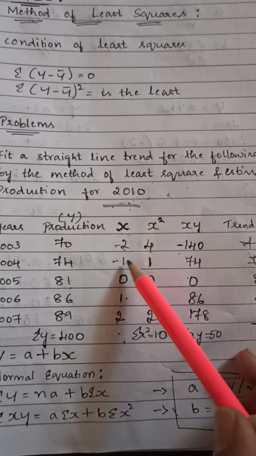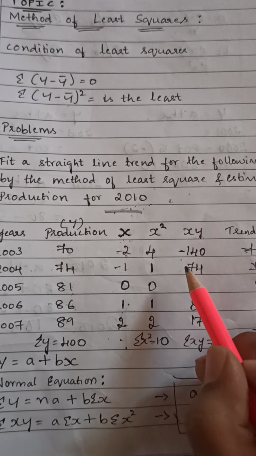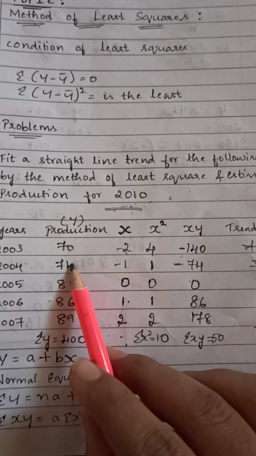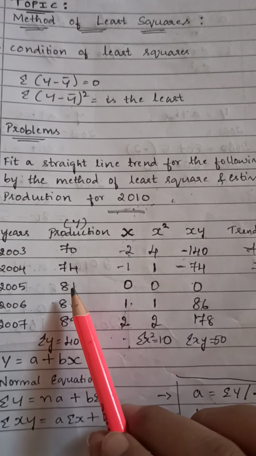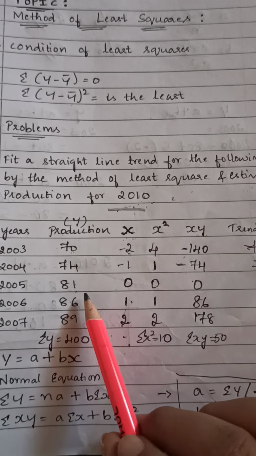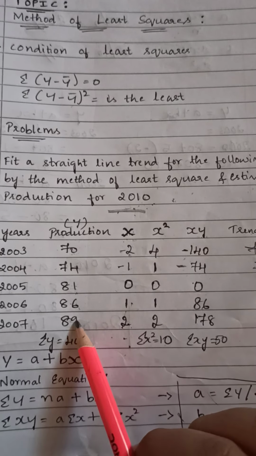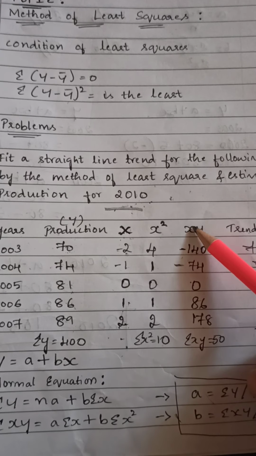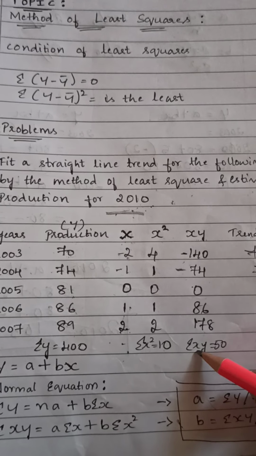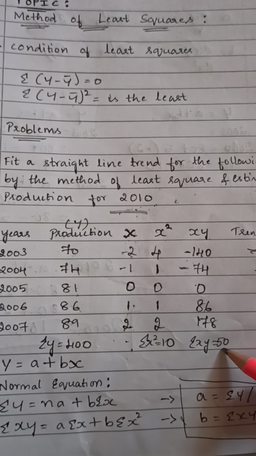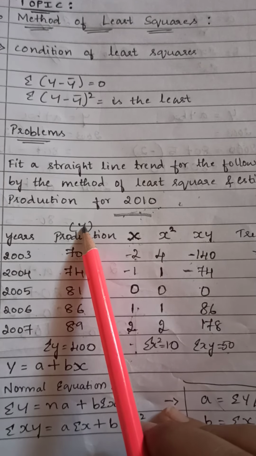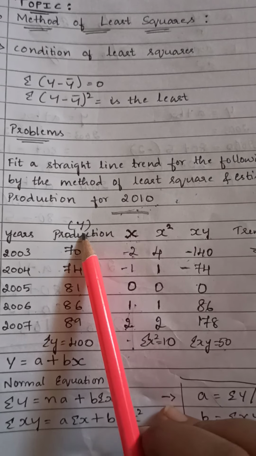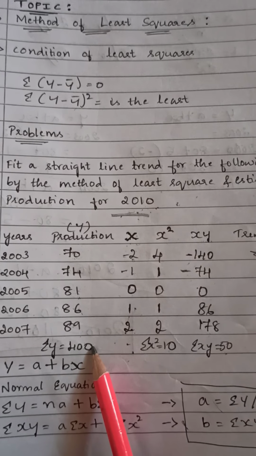Then again plus into minus, minus, then 74 into 1 is 74, 81 into 0 is 0, 86 into 1 is 86, 89 into 2 is 178. The total, summation xy, will be 50. The production column is your y column, and summation y will be 400.